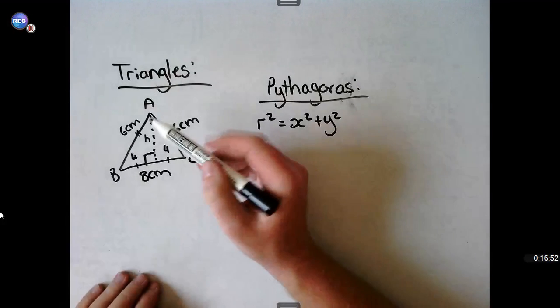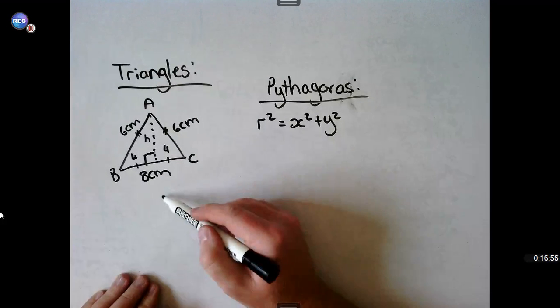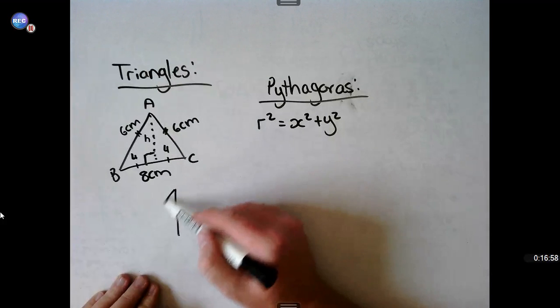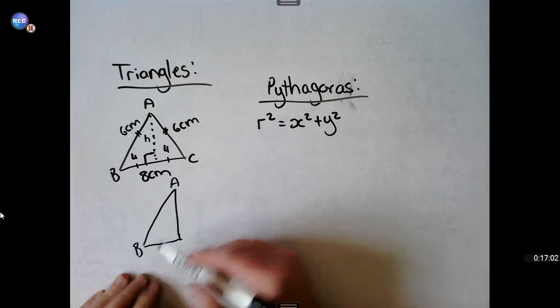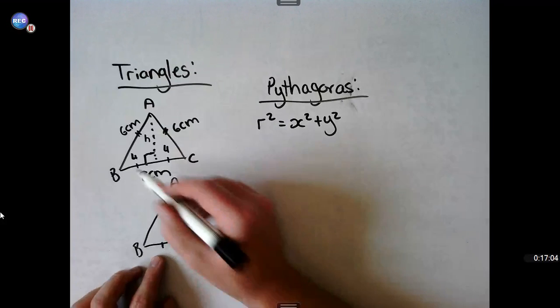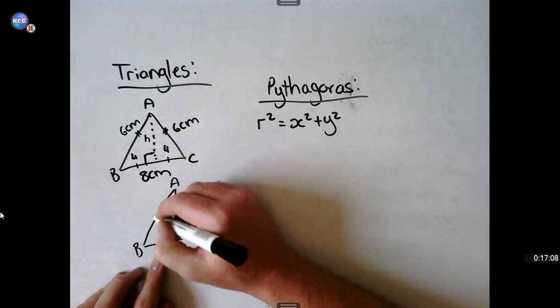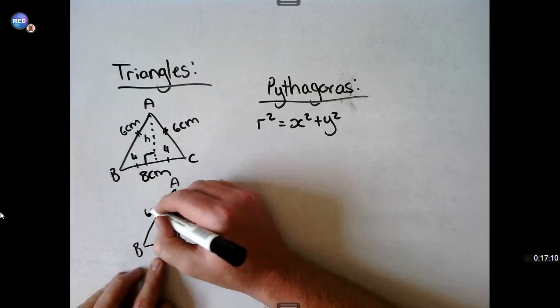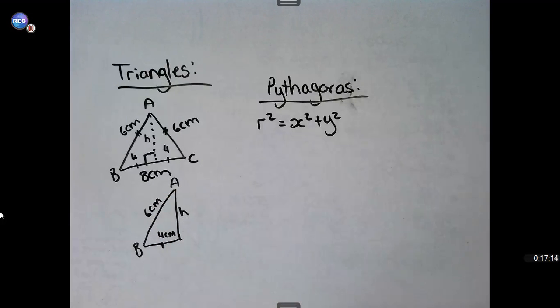So I'm going to work with AB over here. So if I redraw it, it will look like this. So A is there, B is here. Then obviously this side over here and this would be the same, so this should be 4. And then we've got 6 centimeters here. And this should be 4 centimeters. We need to calculate the height.